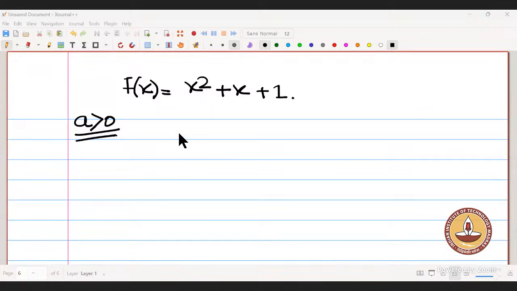Yeah. So a is greater than 0, right? And what about the roots of this polynomial? Is it real, complex? What are the roots of this polynomial?